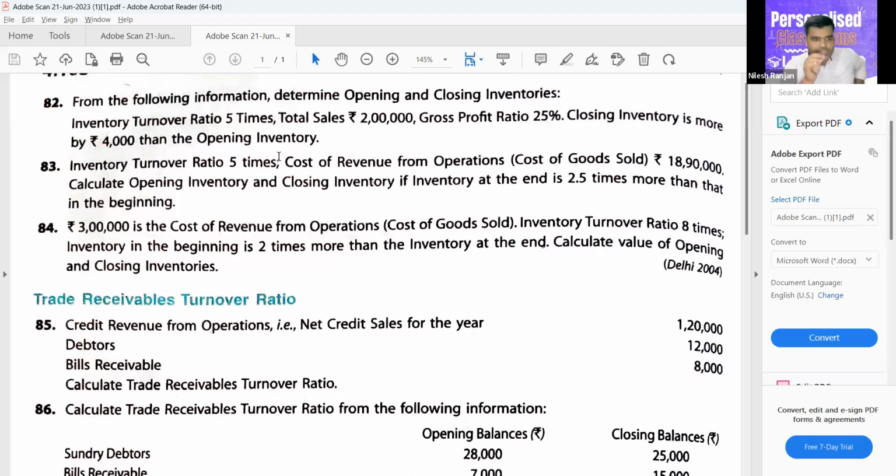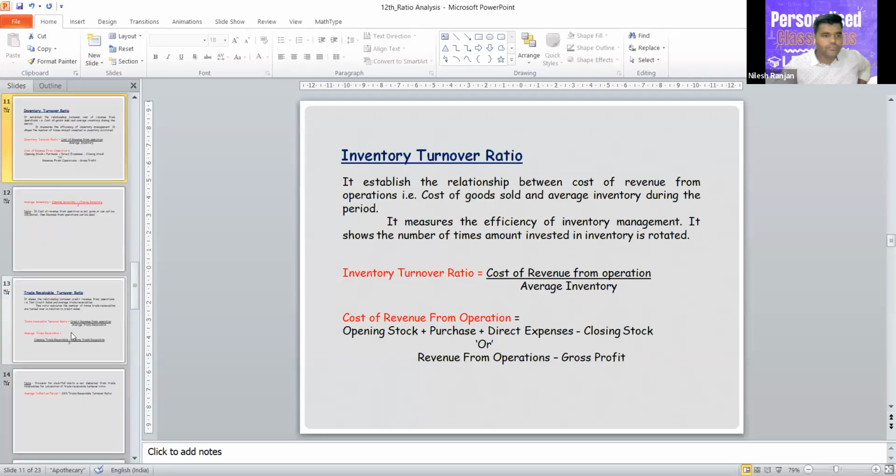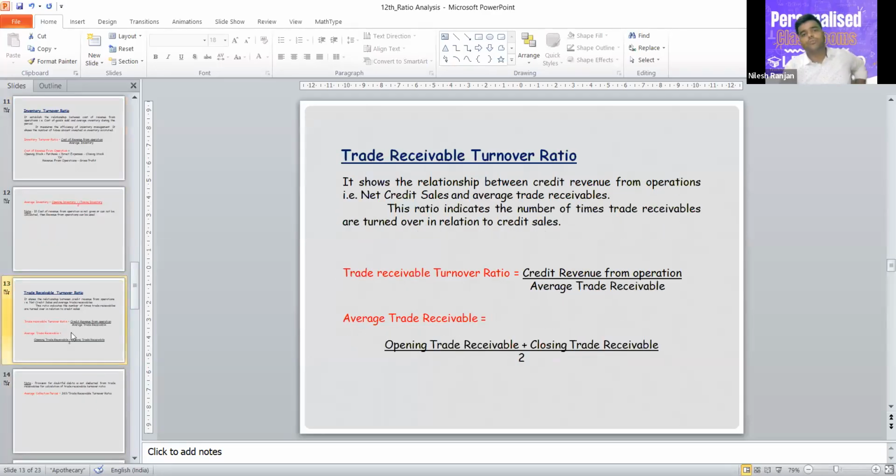So you can see here in the formula, we have trade receivable turnover ratio. It shows the relationship between credit revenue from operations and average trade receivable. Actually, if you see the concept, trade receivable is related with debtors and bills receivable.